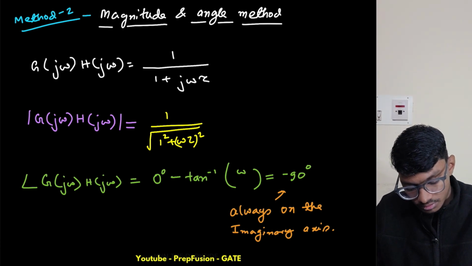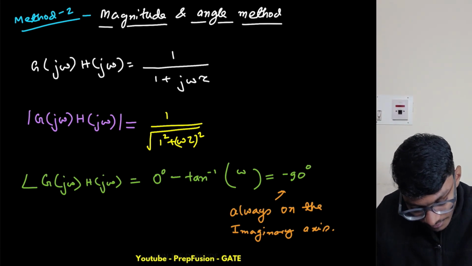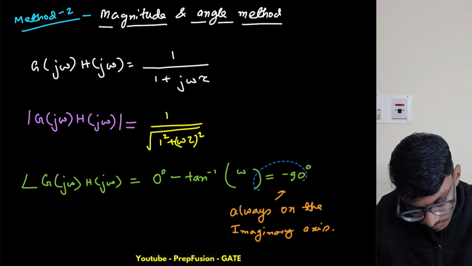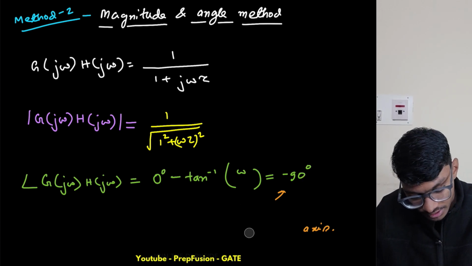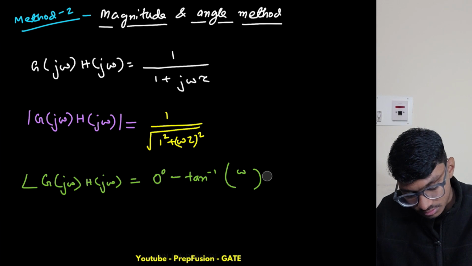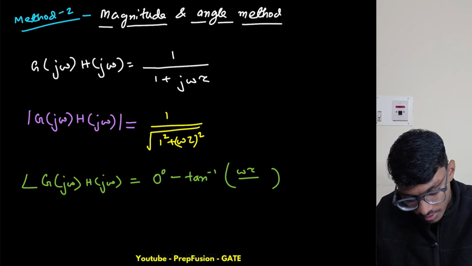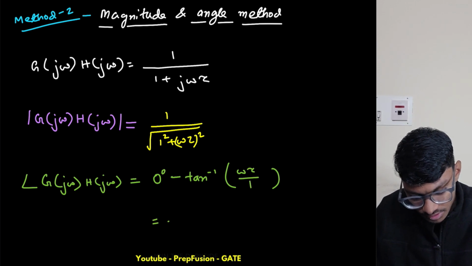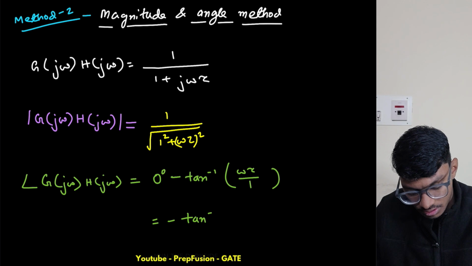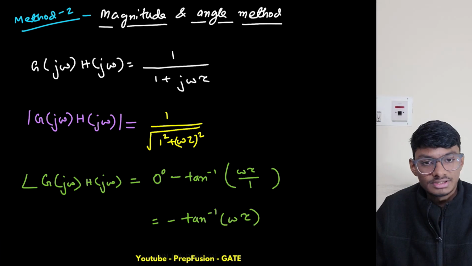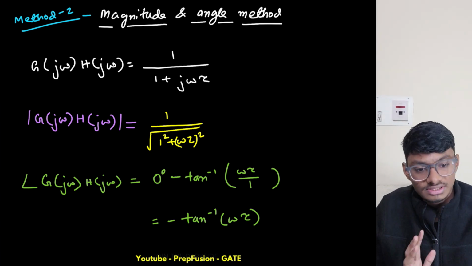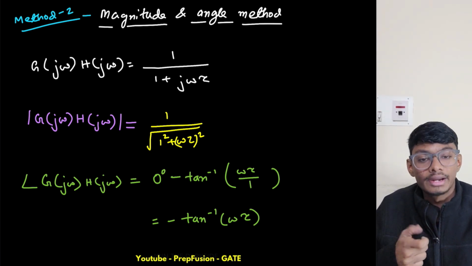So this won't always be 90 degrees this time. This will vary with omega. It will be omega tau by 1 itself. So this becomes minus tan inverse omega tau. So this time my angle is varying with omega.